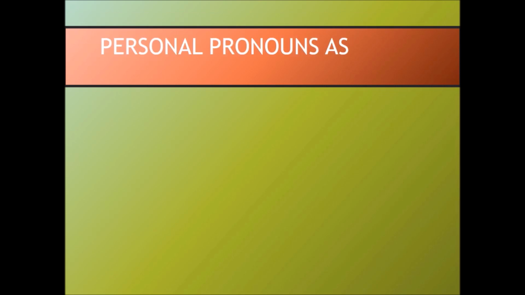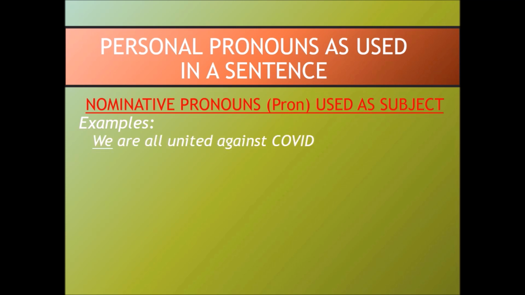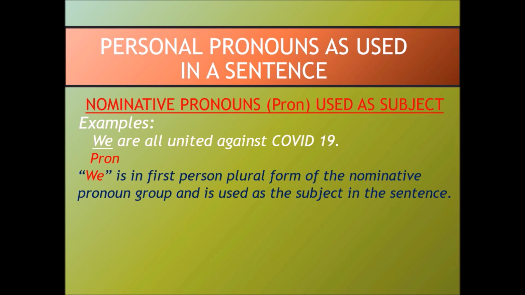Personal pronouns as used in a sentence. Let's have first the nominative pronouns used as a subject. Examples: we are all united against COVID-19, where we is the pronoun. We is in first person plural form of the nominative pronoun group and is used as the subject in the sentence.